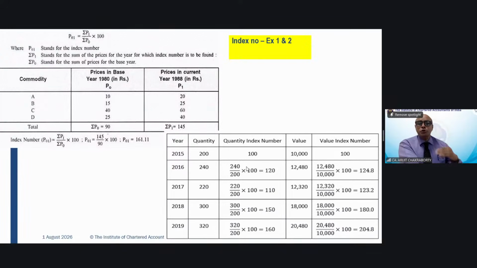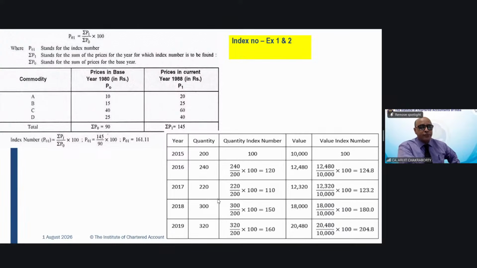Keeping 2015 as the base year, for 2016 the quantity index number is what? In the numerator, the quantity consumed in 2016, that is 240, divided by the base year quantity into 100. That means we are just using ratios, assuming the base year to be 100. It is basically a unitary method, which you would have studied in primary school. This is its successful application, and it has many practical applications in the real world, but essentially you can see the concept is very simple.